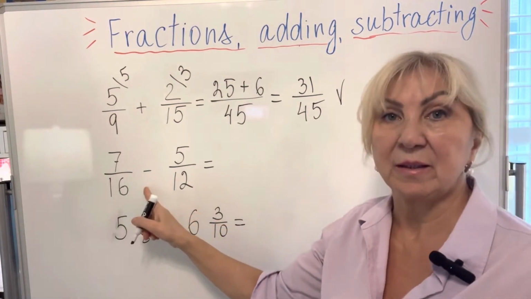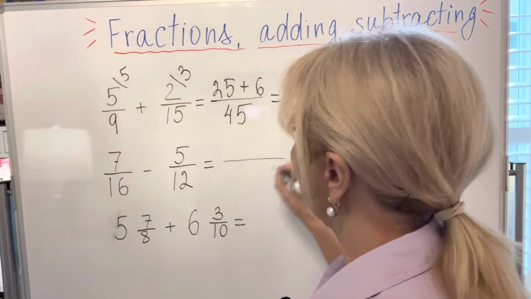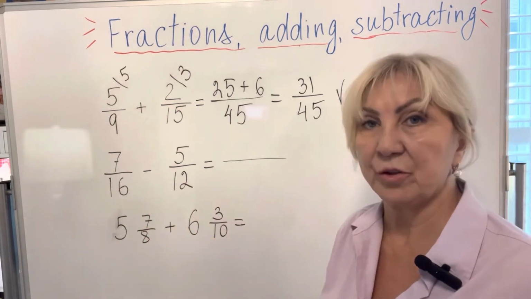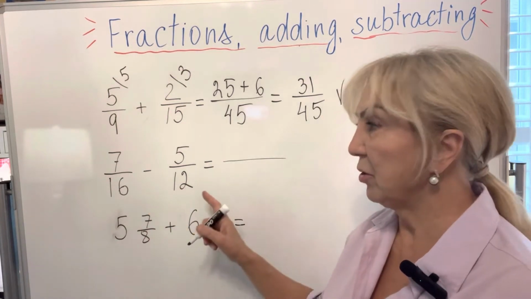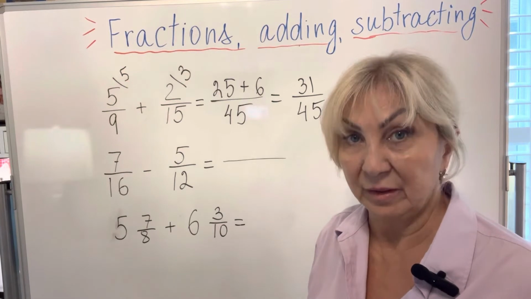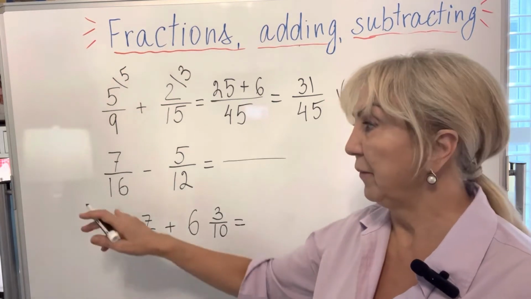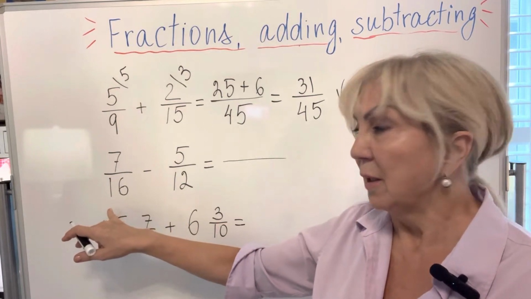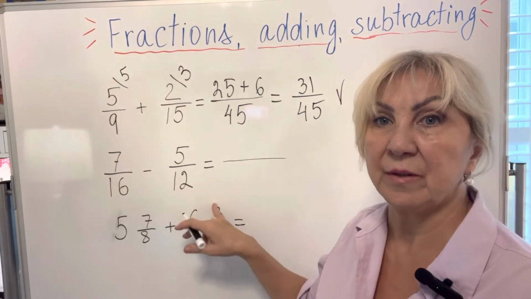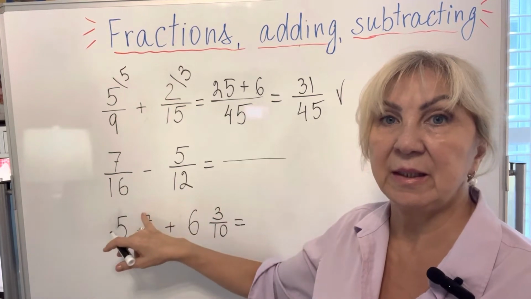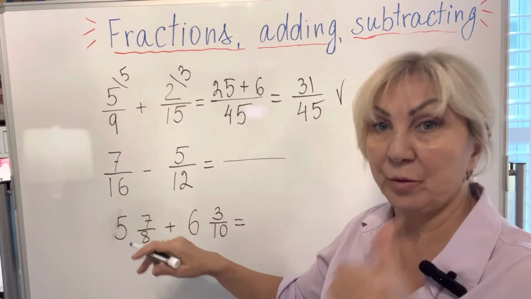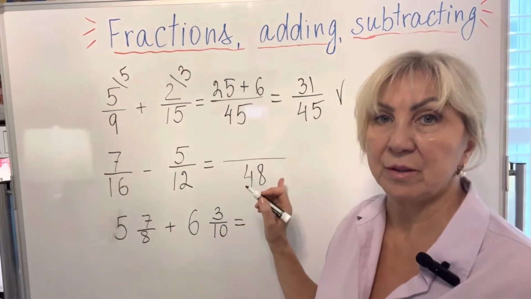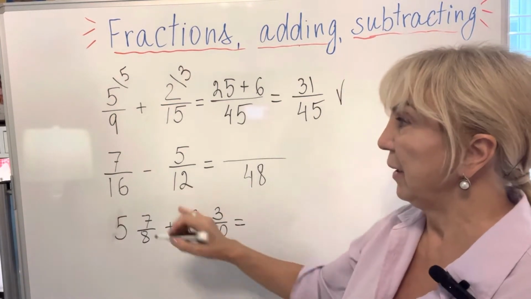Next, subtracting. Again, tell me what we have to do first. Right, look at the larger denominator. It's not divisible by 12 evenly, so we find multiples of 16. 16 times 2, 32, not divisible by 12. 16 times 3, 48, perfect. 48 is our common denominator because it's divisible by 16 and by 12.